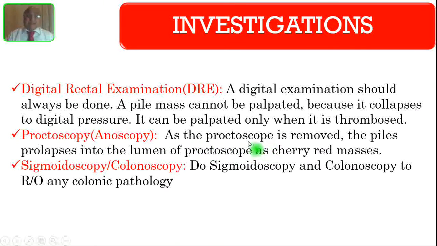You will see the primary piles or hemorrhoids at 3, 7 and 11 o'clock positions, which you can see by using a proctoscope. But of course, if you are seeing a hemorrhoid, you have to rule out any other pathology in the proximal part of the colon by doing sigmoidoscopy and colonoscopy.